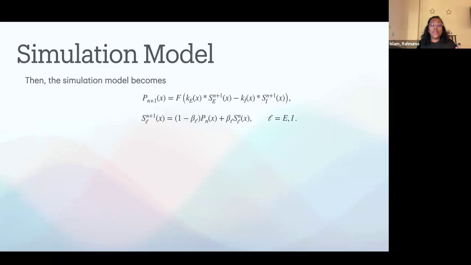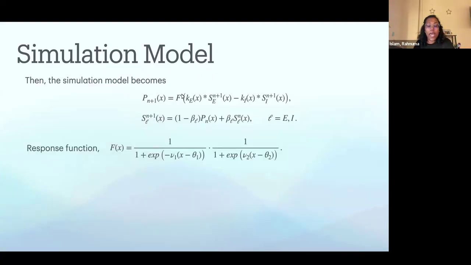So then our final simulation model becomes this one. This is our pigmentation at the next step. It depends on this function f of this whole thing, where those are the spatial kernels, and S_E and S_I are given in the second line, and they are the stimulation read from the previous pigmentation.